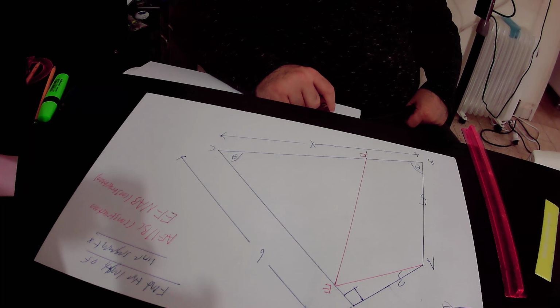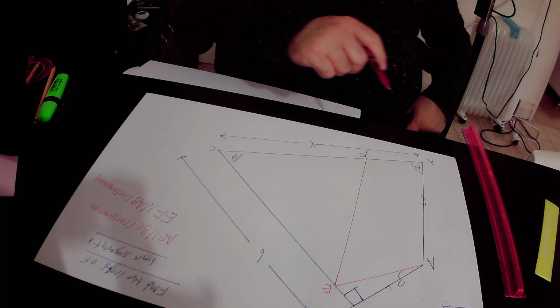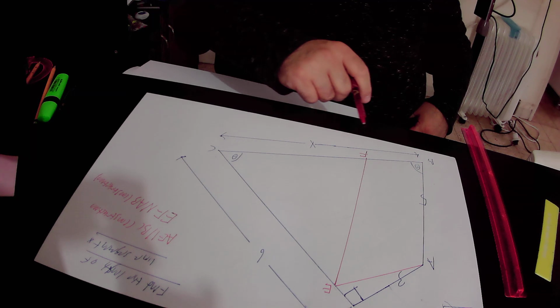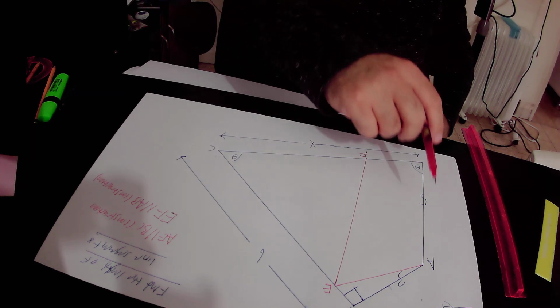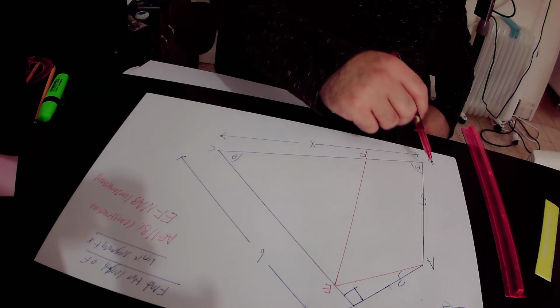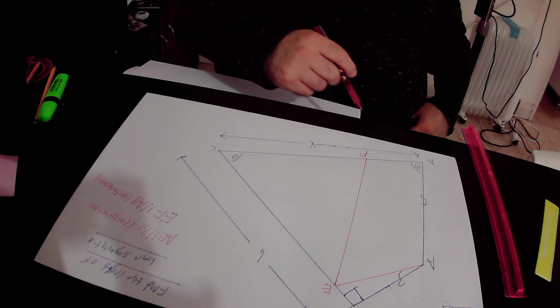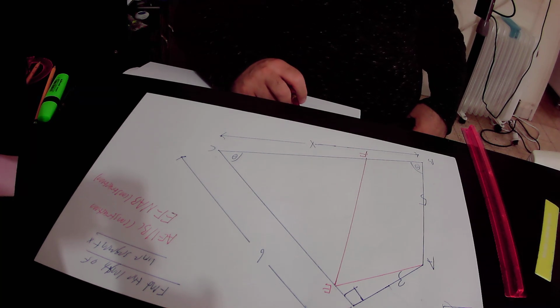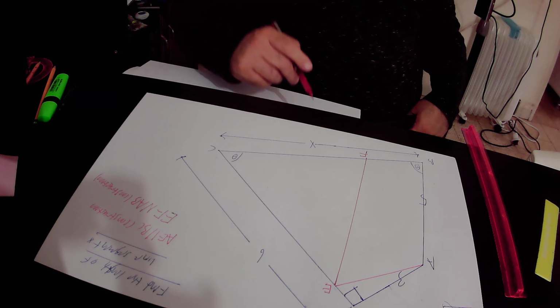The first couple of parallel sides is AE parallel to BF, and the second couple is AB parallel to EF. And this is exactly the definition of a parallelogram.